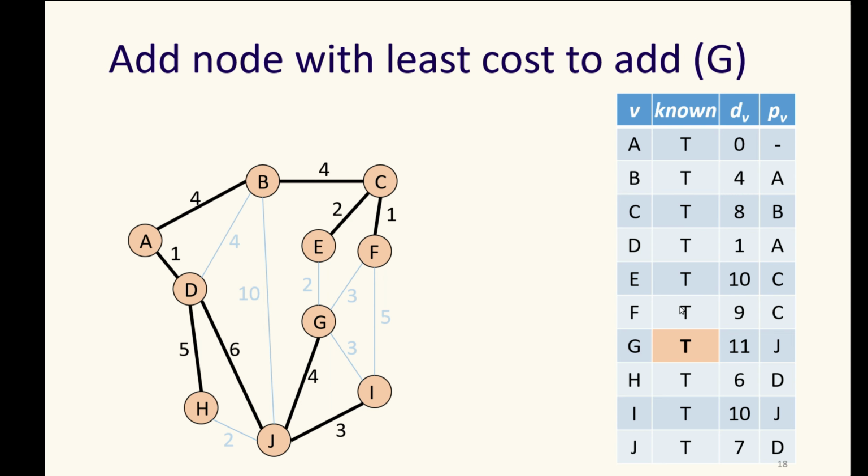For example, let's take F. It reports its cost as being 9, which is the cost of walking 4, 4, 1 equals 9 from A. And it reports that its parent is C, so I know I could step backwards here and say if I needed a path to it, well, I know the last item on the path is F, the next last item on the path is C, C's parent is B, so I would go through B to get there, and B's parent is A, so I know that the path is A, B, C, F here.